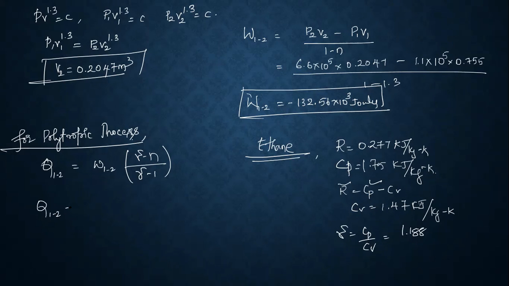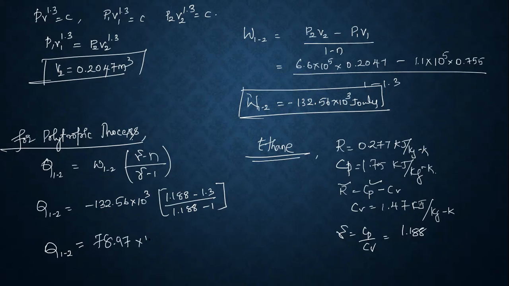Therefore, Q1 to 2 is W1 to 2, minus 132.56 into 10 to the power of 3, times gamma 1.188 minus n, n is 1.3, divided by gamma 1.188 minus 1. Therefore, Q1 to 2 is equal to, you get 78.97 into 10 to the power of 3 joules.